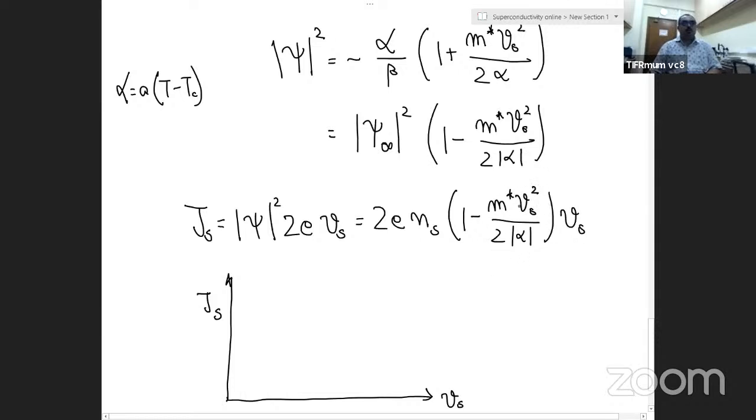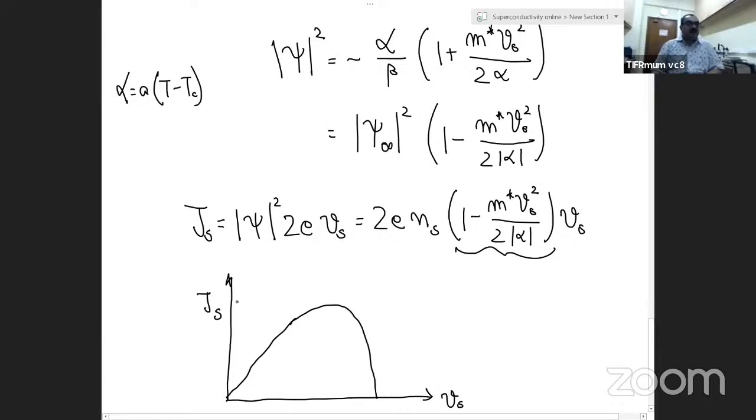This term will not contribute much, and Vs is small, Vs square will be much, much smaller. So therefore, this term Vs will dominate. So initially I will have almost linear increase, but once this term starts contributing, this will start reducing this whole quantity. So therefore, it will go like this and it will fall to 0.